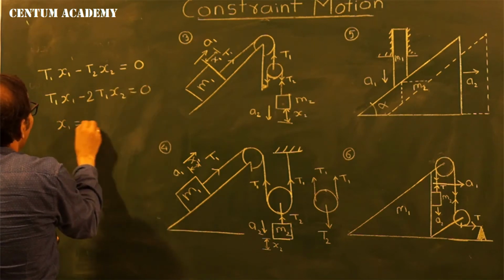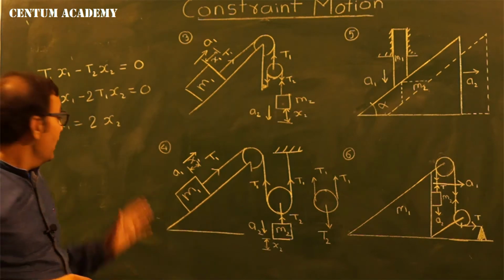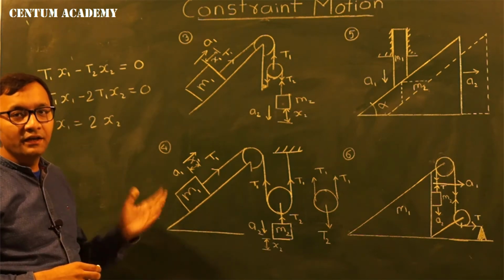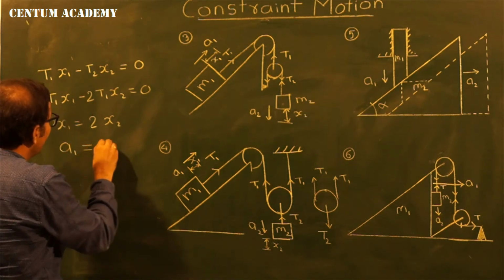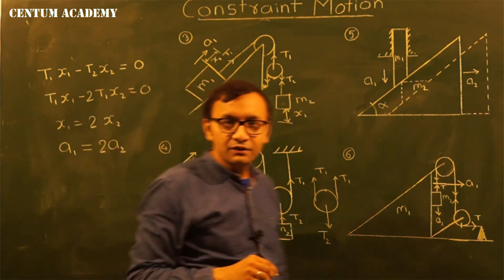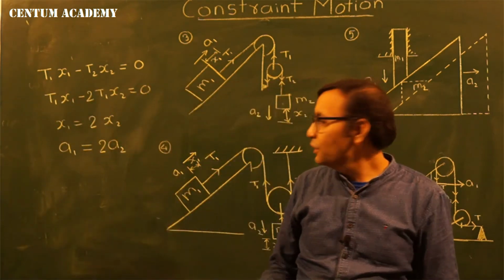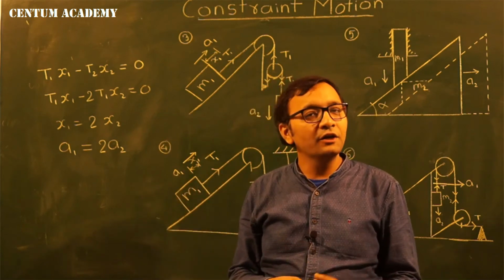So x1 is equal to 2 times x2, right? And if you differentiate this again 2 times, you will get acceleration of the first object is equal to 2 times acceleration of the second object. Okay? So see how easy it is to get the relation between the accelerations if you follow these standard procedures.